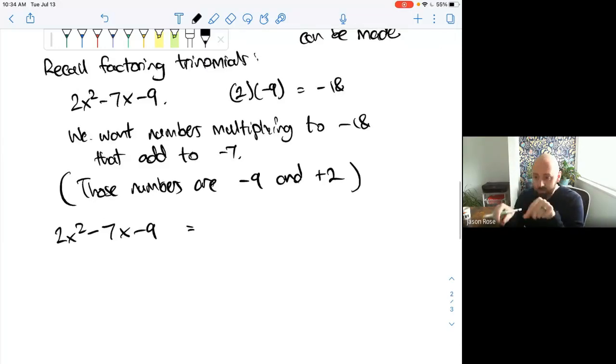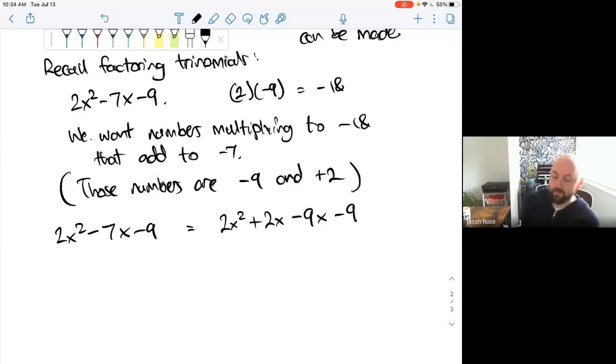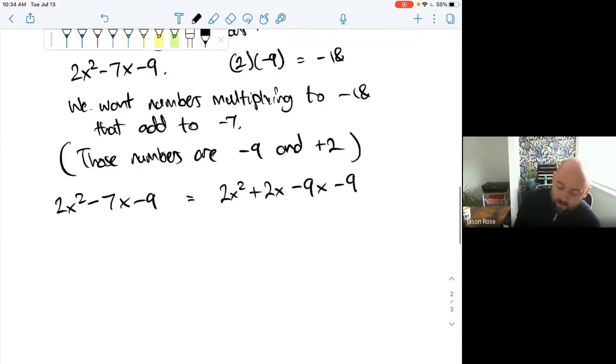You don't just drop them into position in brackets. They're the numbers that you use to break up that minus 7x. Minus 2x and plus 9x. And now you're going to do factor by grouping that we also covered in the last class.